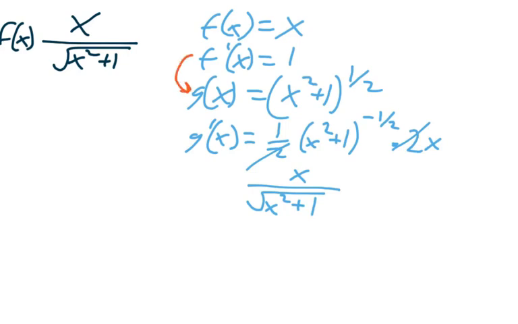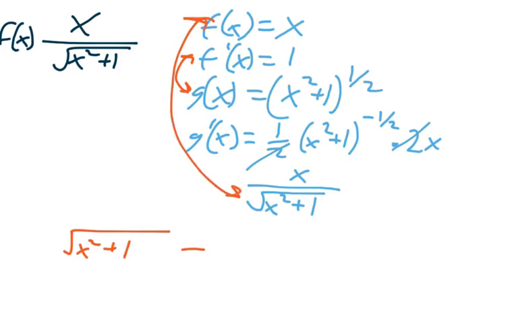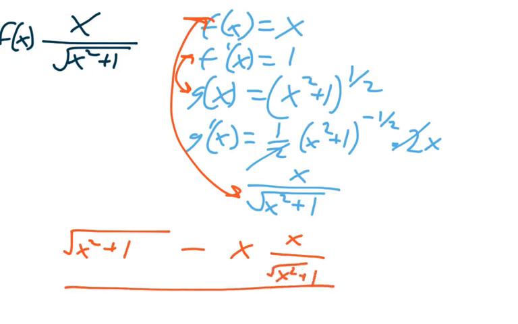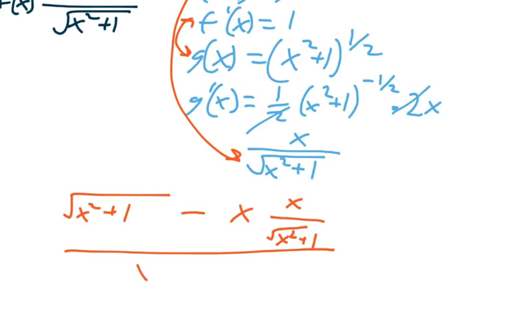So we multiply these two together first. So I got the square root of x squared plus 1 minus, when I multiply these two together, I get x times x over the square root of x squared plus 1 over x squared plus 1, and I need to square the bottom.